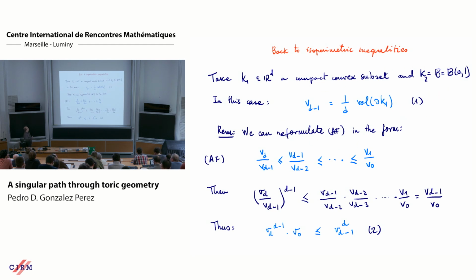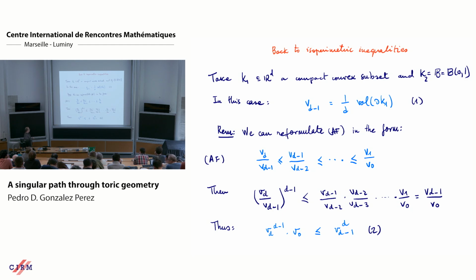And then the Alexandrov-Fenchel inequality can be reformulated in this form. This is just a rewriting of these inequalities. And from these inequalities, we get that this power is bounded by this product. And this gives this second inequality here.